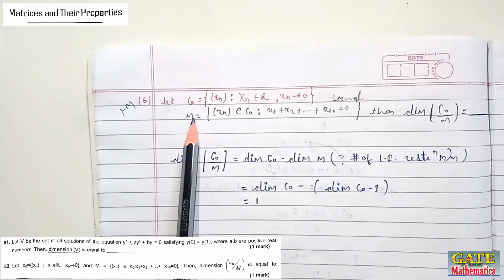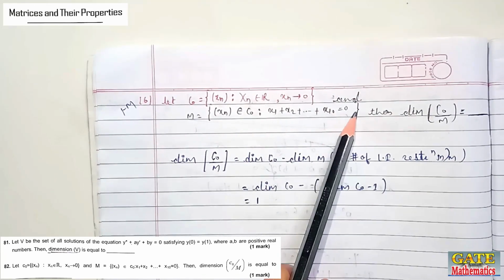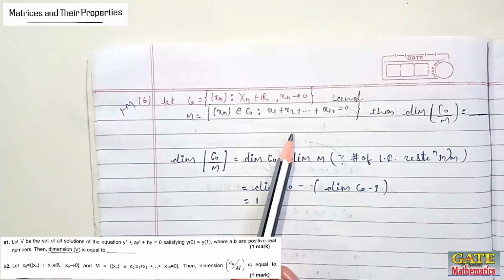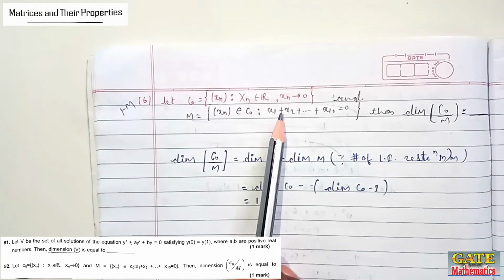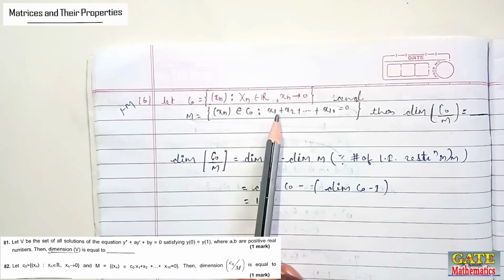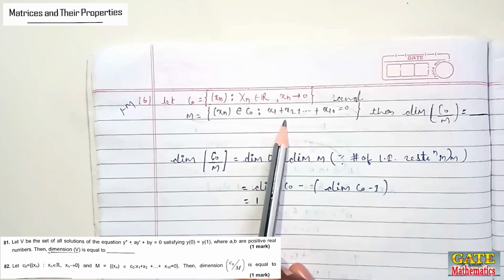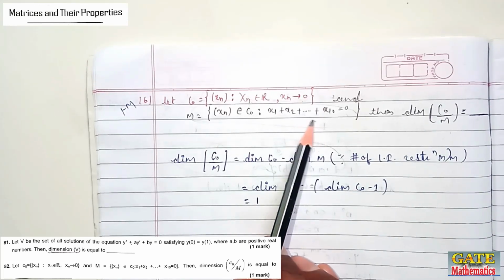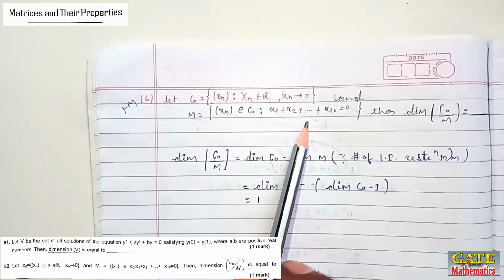It means how many linearly independent restrictions we have here. The condition x1 + x2 + ... + x10 equal to 10 is a linearly independent restriction, so we have only one.